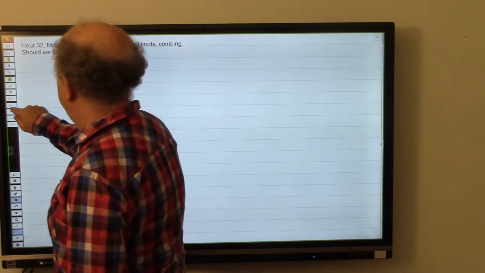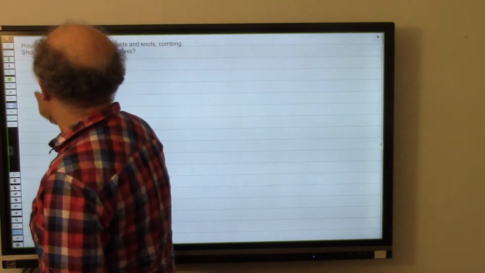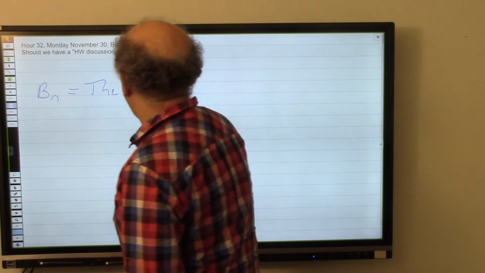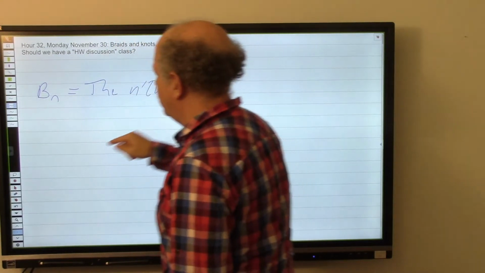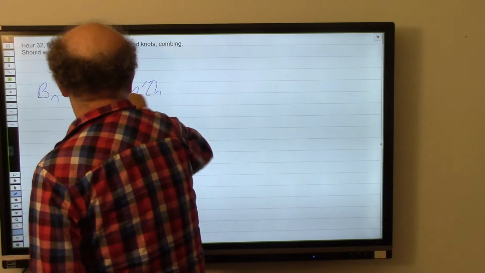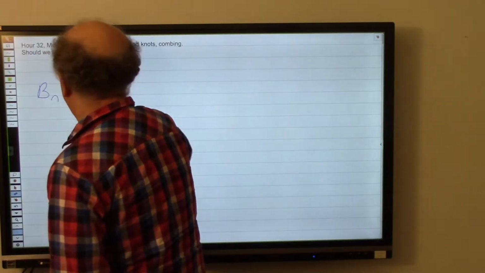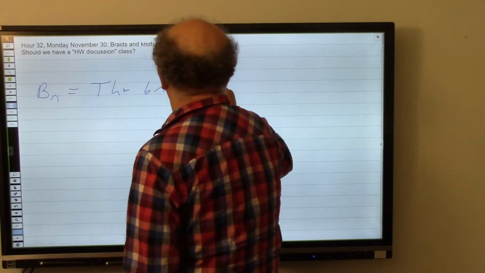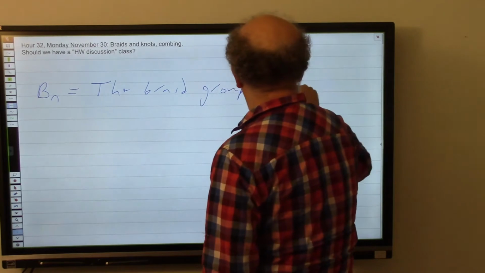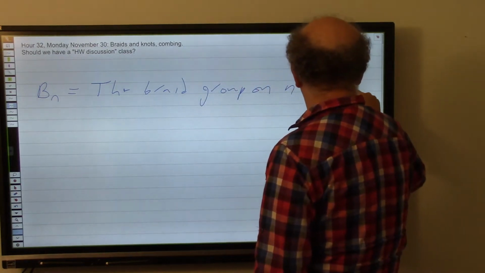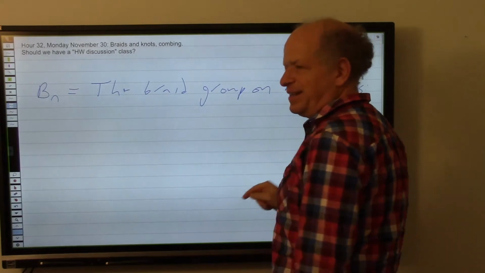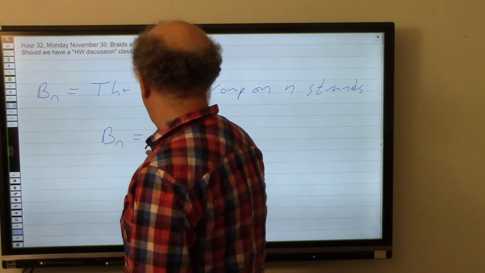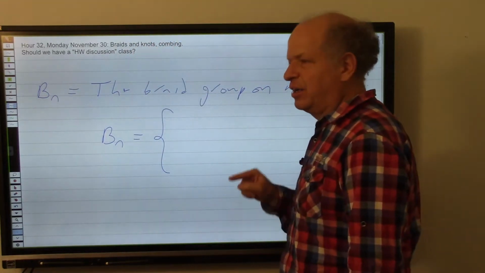A braid, or maybe I'll right away define Bn. So Bn is the braid group on n strands, and as a set it's just the set of tangles on n strands.